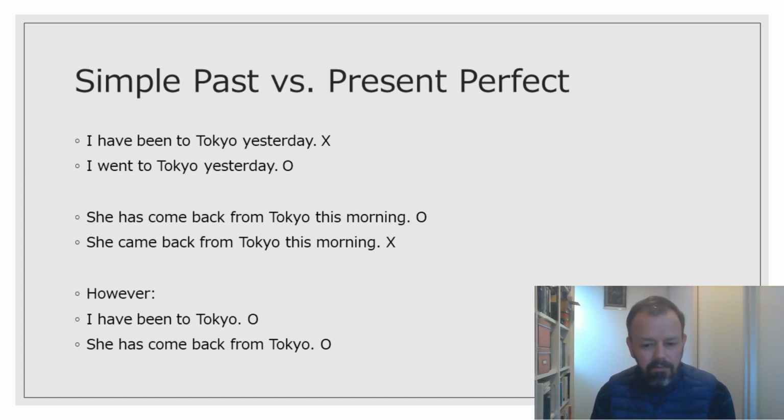But I would say in most cases, she came back from Tokyo this morning would be correct. And the reason here is these time periods. I have been to Tokyo is a perfectly acceptable sentence. She has come back from Tokyo is perfectly okay. But the problem is when we add yesterday or this morning or last week or last night and so on to these sentences, then we need to be much more careful about how we use them.